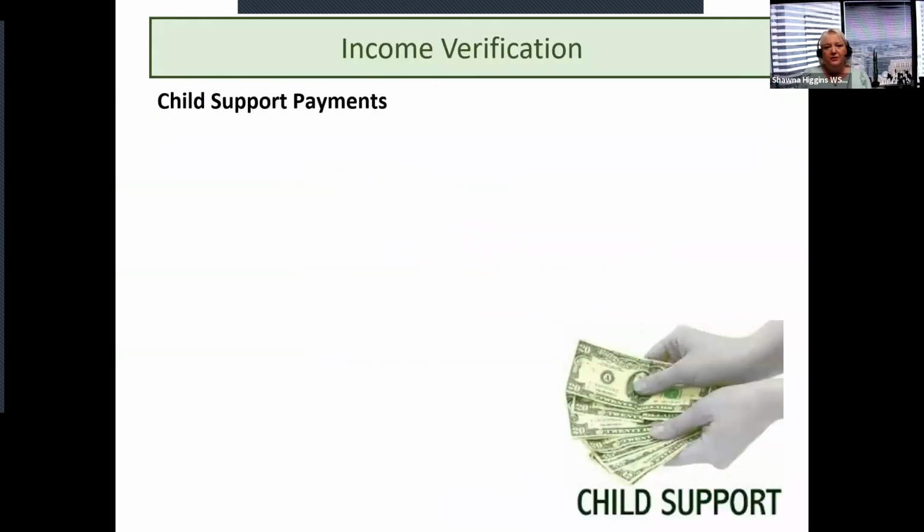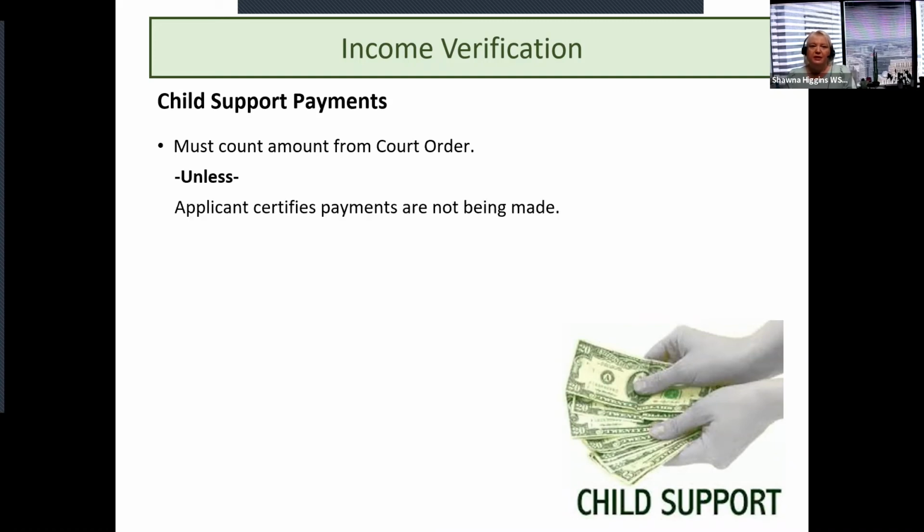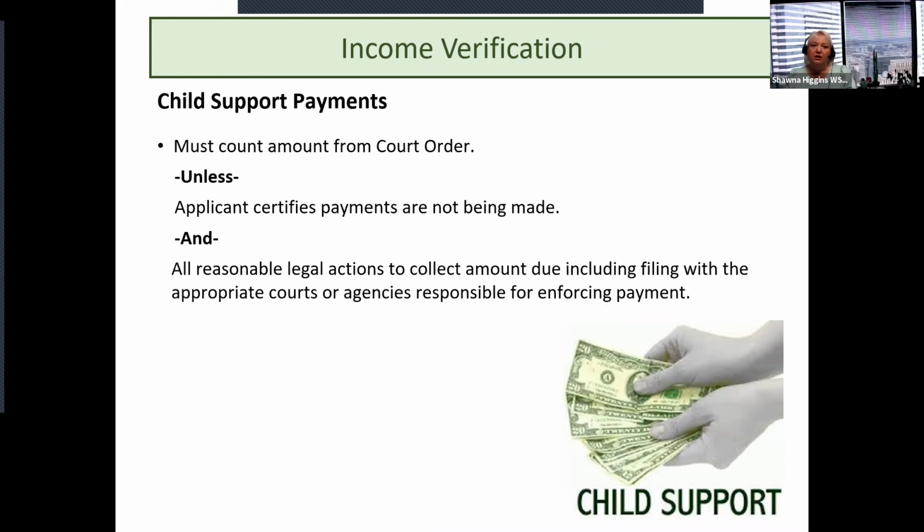Okay, so income verification. Child support payments: you must count the amount from the court order, unless the applicant certifies payments are not being made and all reasonable legal actions to collect the amounts due have been taken, including filing with the appropriate courts or agencies responsible for enforcing these payments.